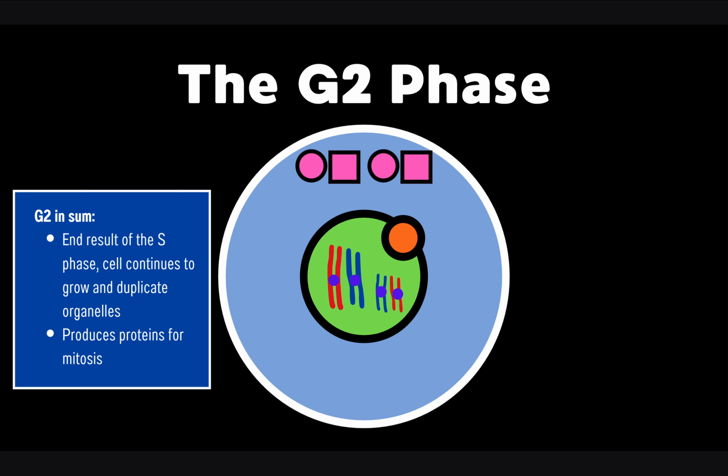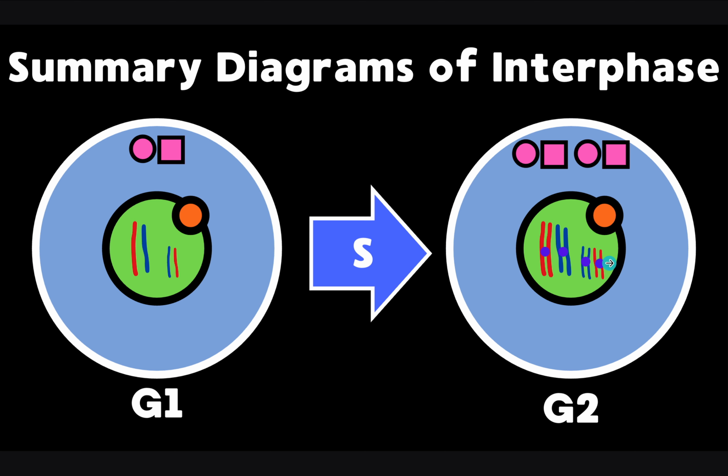This G2 diagram is basically how the cell looks at the end of interphase. So the cell is going to continue to grow and duplicate organelles and produce mitosis proteins. In the summary diagram, we have G1 over here and G2. As you can see, everything's been duplicated because of S.